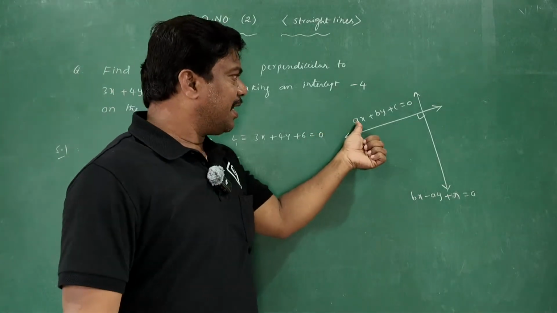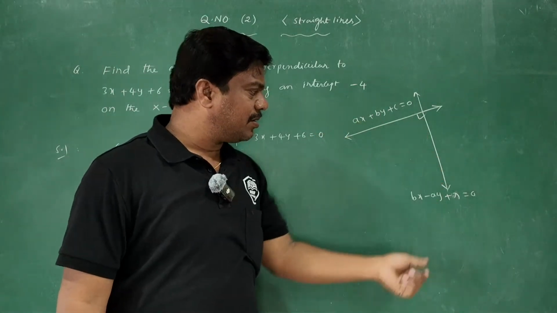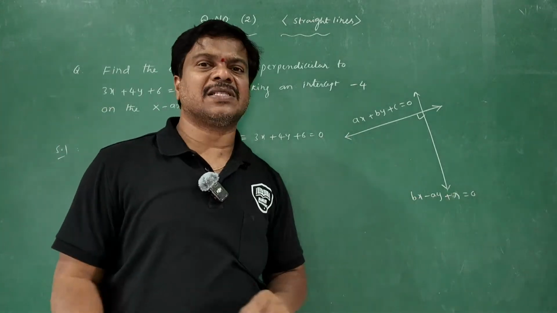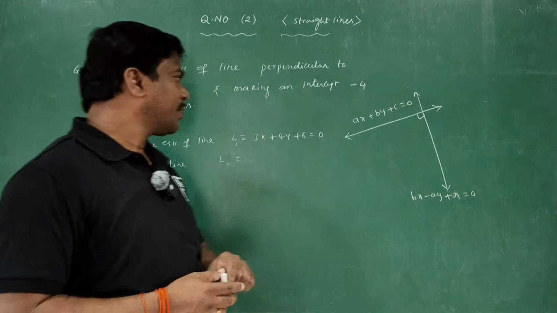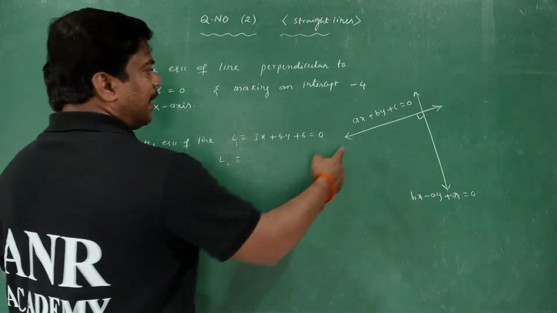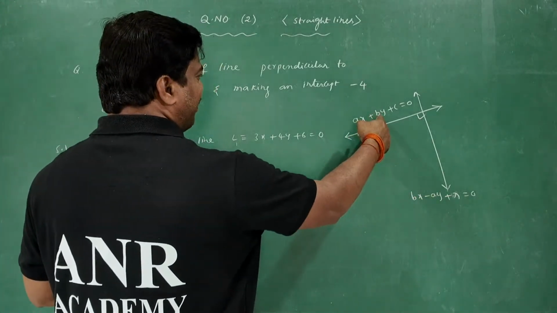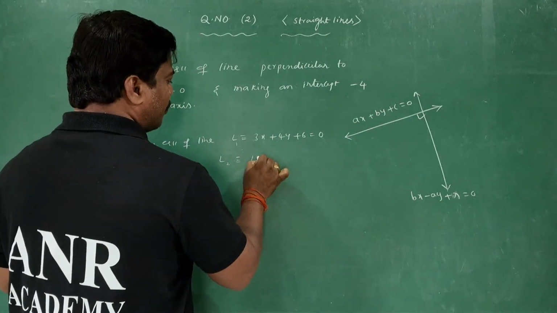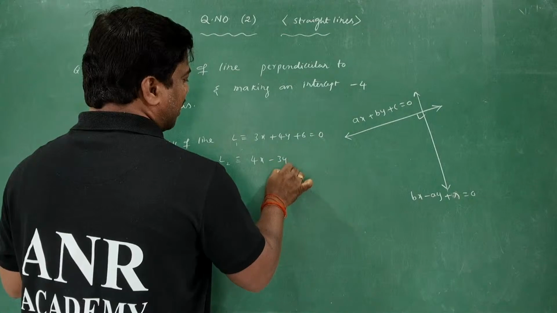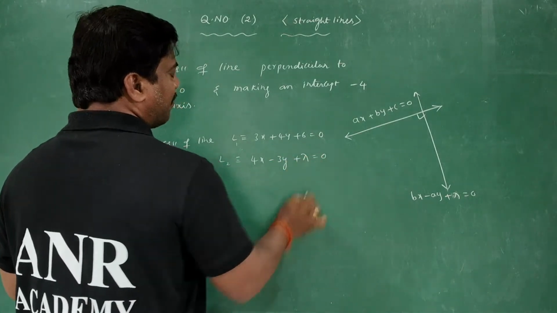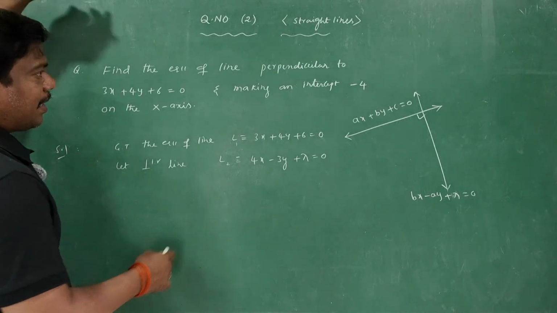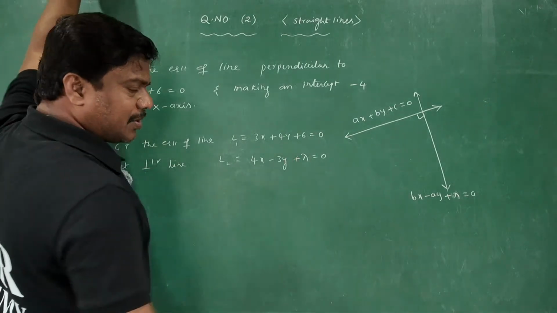Whenever the given line is ax plus by plus c equal to 0, then its perpendicular line can be written as bx minus ay plus lambda equal to 0. So you have to interchange both a and b, and between the first two terms, you have to change the sign. So 4x minus 3y plus lambda equal to 0, I am writing. And here the aim is to find the value of lambda, that's all.